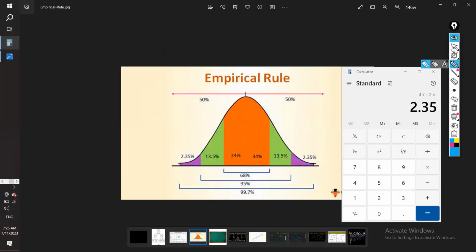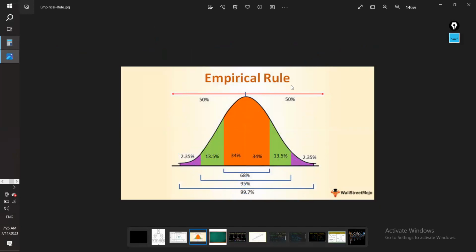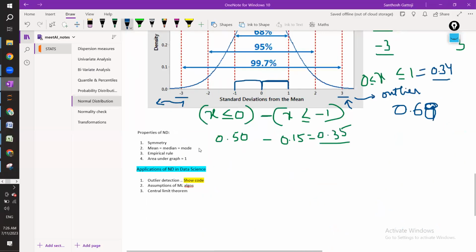So now we'll see, since we have derived and understood that 3 standard deviation comprises 100% of the data, what the applications are. Okay, so now we have understood this. Fine.